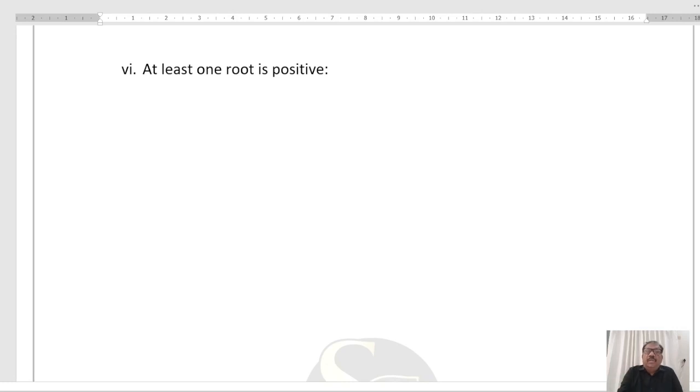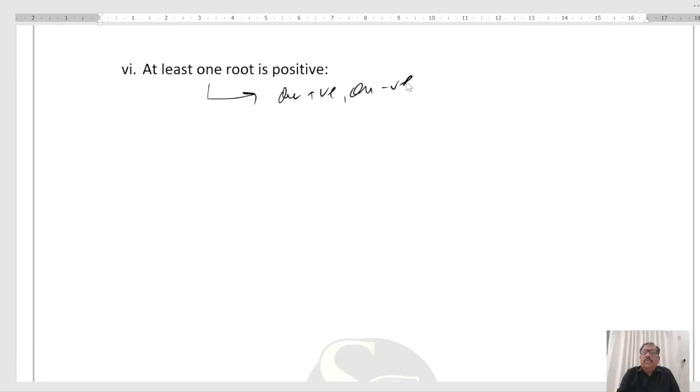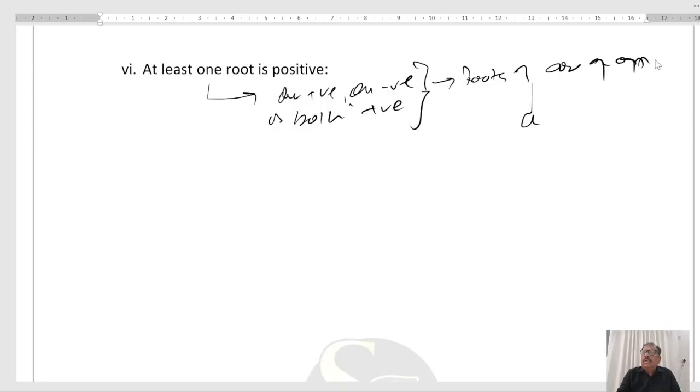Next part is at least one root is positive. At least one is positive: one positive, one negative, or both positive. In the earlier part, we have discussed roots of opposite sign, and both roots positive.